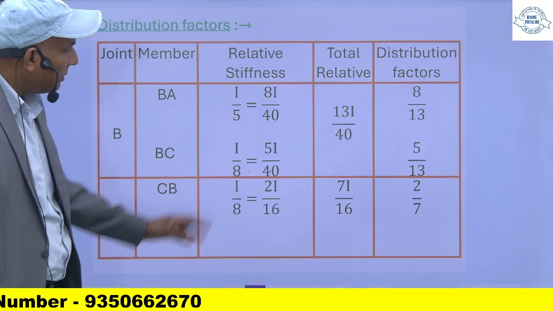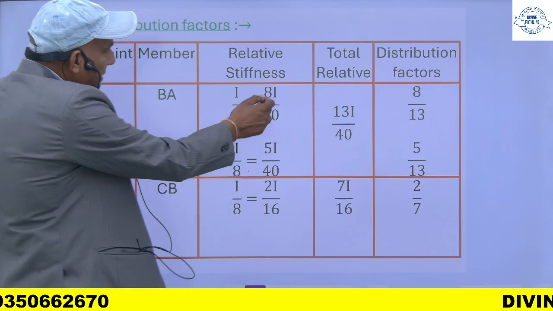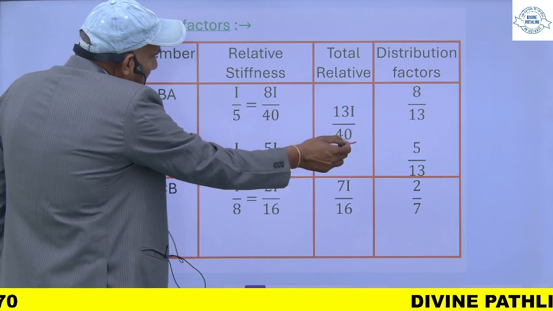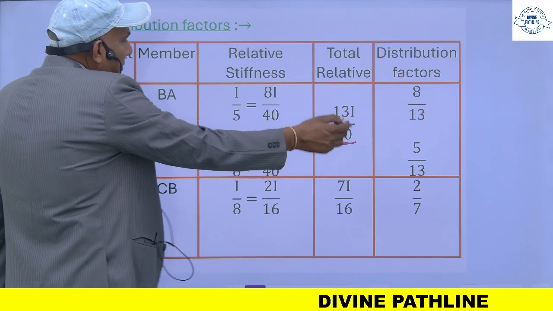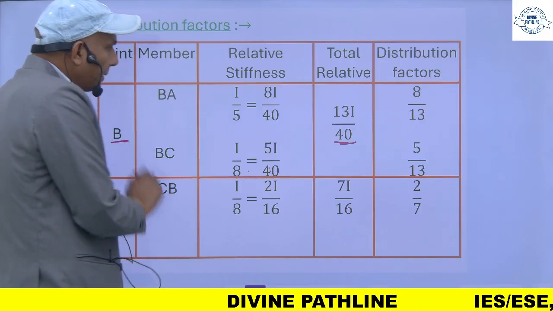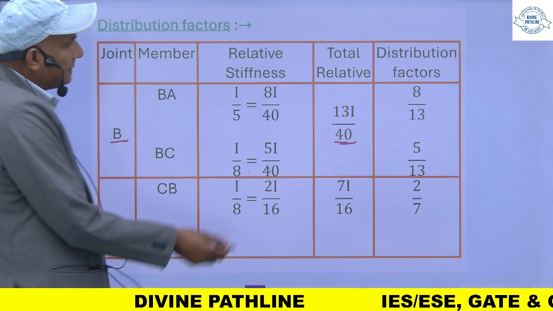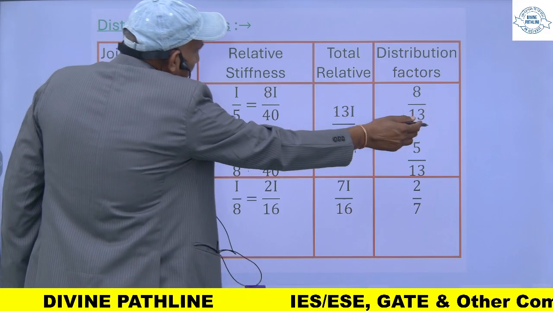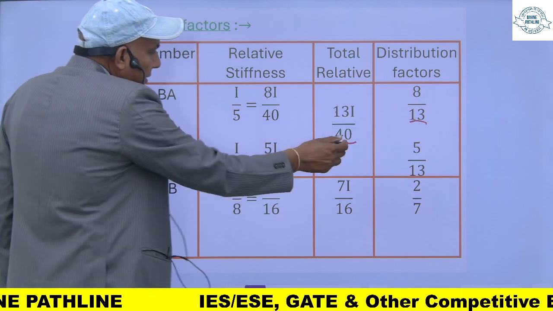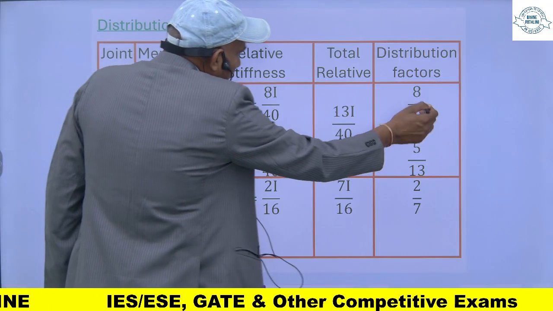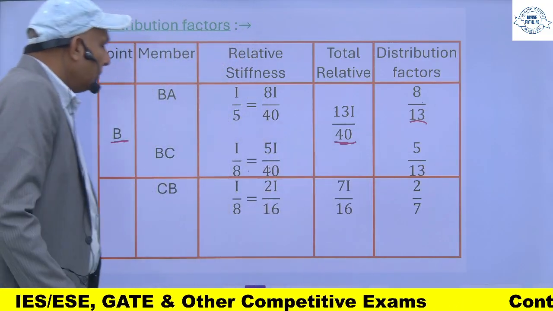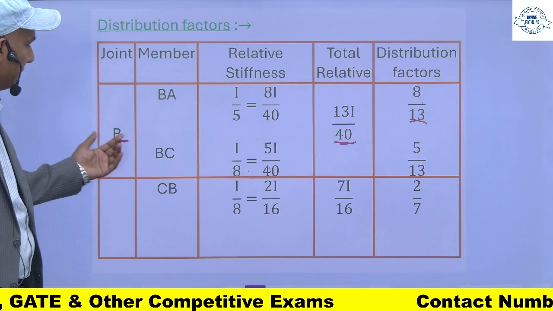Now the denominators of both are the same. The sum is 13I upon 40, the total relative stiffness of this joint, and the distribution factors are this upon this: 8 upon 13 and 5 upon 13. So these are the distribution factors for members BA and BC at joint B.